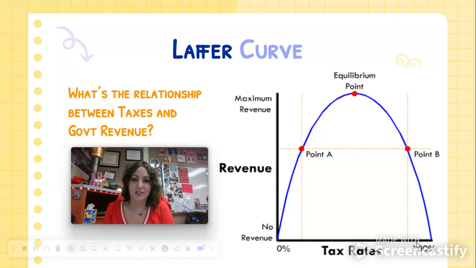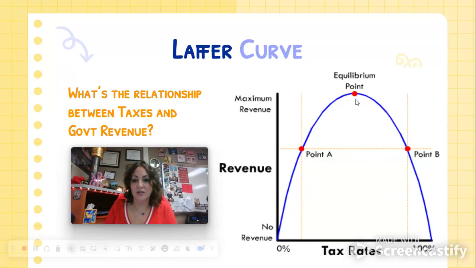You're not. So when the government taxes 100% of your income, people do not work anymore, which means they're not making any money to be taxed. So the government's taxing 100% of your $0 paycheck. That's why the curve slopes back over again.